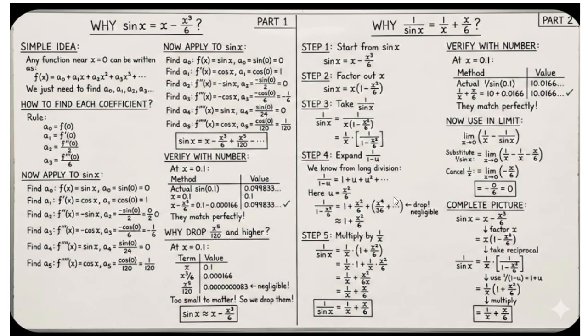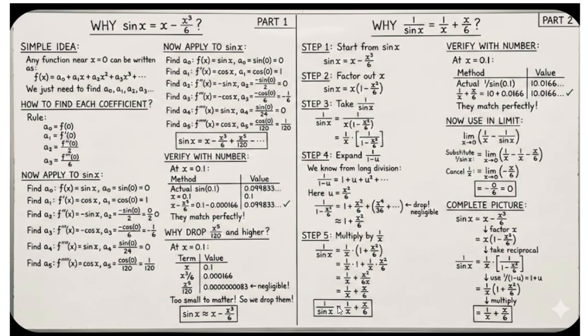All those higher terms are dropped here. Therefore instead of this, for 1 upon sin x, I will write 1 upon x into 1 plus x square by 6. Then if you multiply it, this becomes 1 upon x plus x by 6.